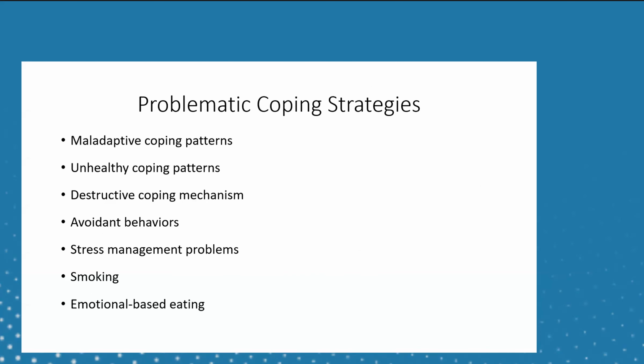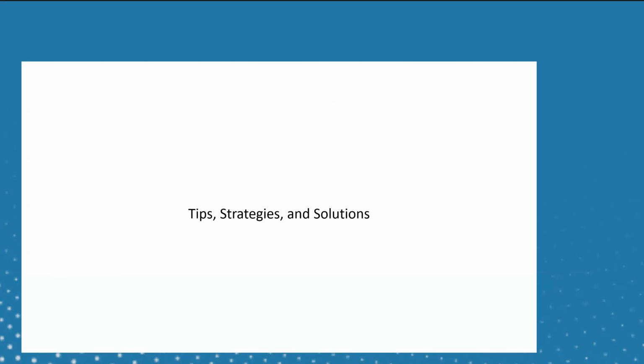And for some students, they may be dealing with some problematic coping strategies. So if you're noticing these patterns, if appropriate, maybe that student would do well working with a counselor, a therapist, things of that nature. As we get into tips, strategies, and solutions, we'll move through this next section quickly.